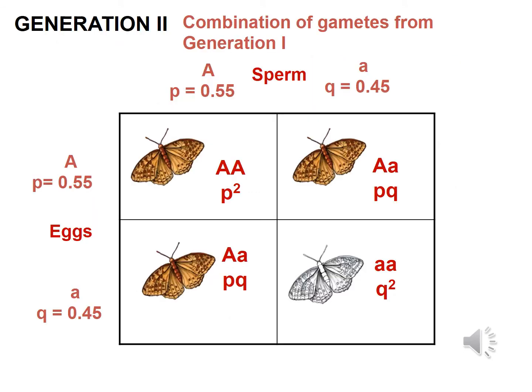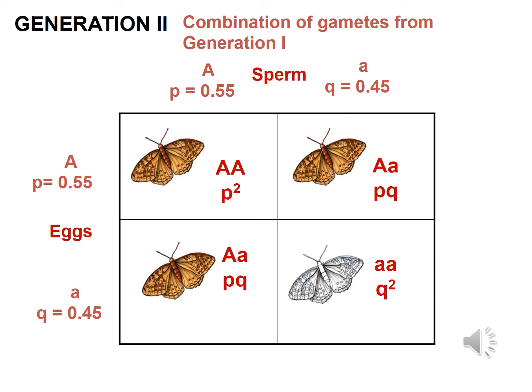Now let us see how the second equation was made, which is p squared plus 2pq plus q squared equals 1. From this diagram we can see that the mating of two heterozygous individuals from the first generation will show the combination of alleles in the Punnett square. As the cross is made, half of the gametes of the F1 generation carry A, the dominant allele, and half carry a, the recessive allele.